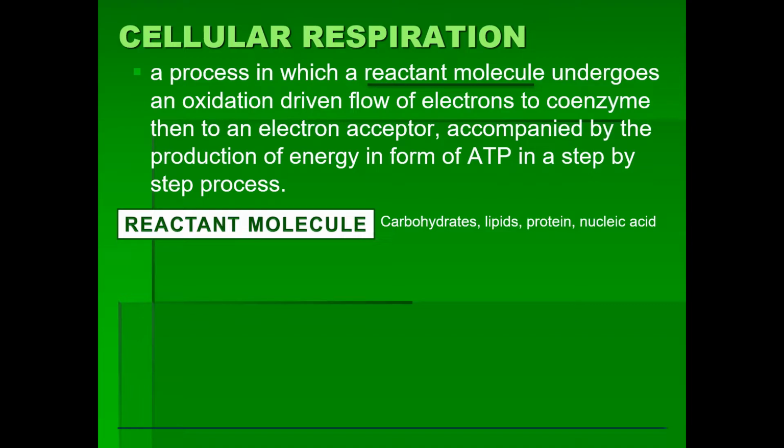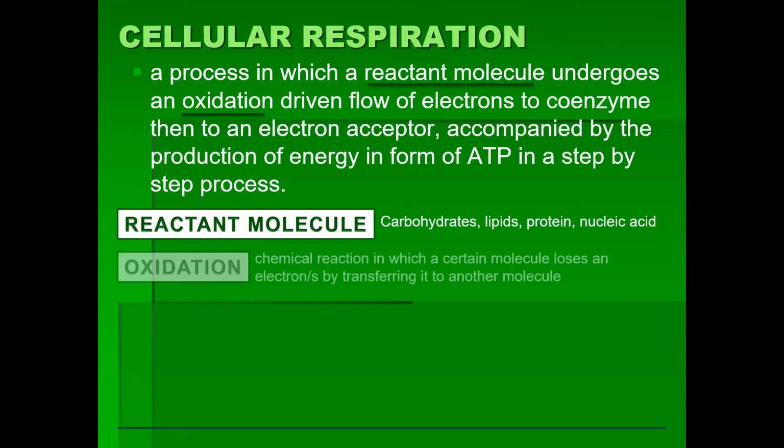Okay? So next, aside from reactant molecule, another keyword that will help us to understand this definition of cellular respiration is the word oxidation. So what is oxidation? So in the previous lesson, I already mentioned redox reaction, which is short for reduction-oxidation reaction.